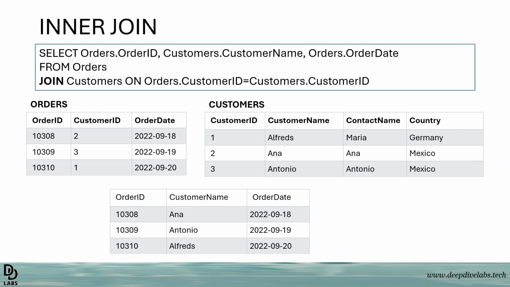So it goes to the customer name, which is Anna, and looks at the corresponding order date. Here you will see the inner join gives you all of the information which is intersecting.